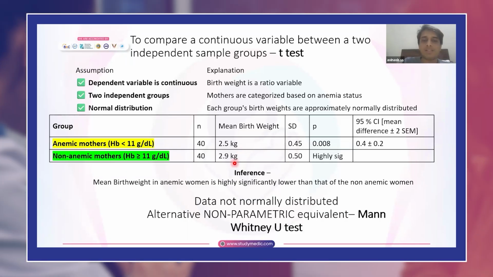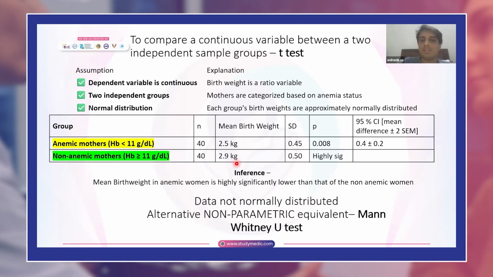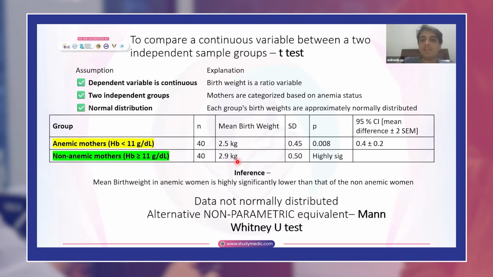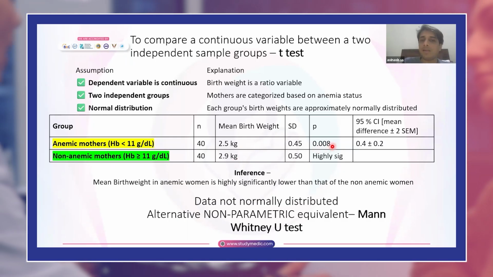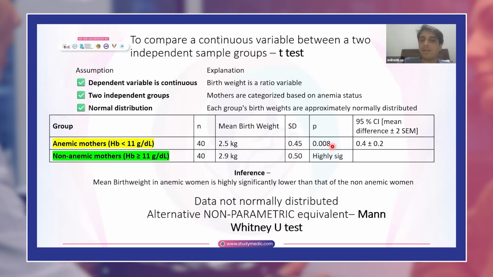If you want to find the significance of the difference in birth weight between non-anemic versus anemic women, you can see that it is lesser in the anemic women, and the p-value is less than 0.01, so it is highly significant.